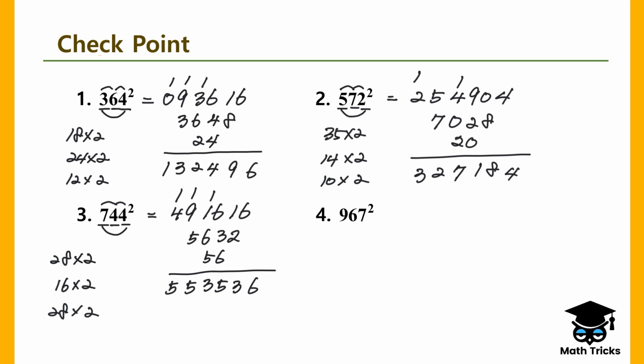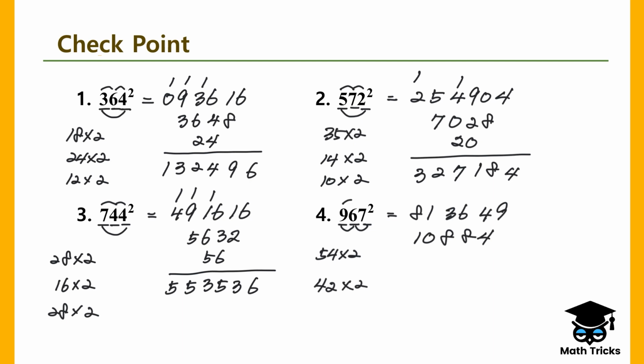Number 4, 967 squared. So that is equal to 9 squared, 81. 6 squared, 36. 7 squared, 49. 9 times 6, that's 54. Times 2, that's 108. 6 times 7, that's 42. Times 2, 84.